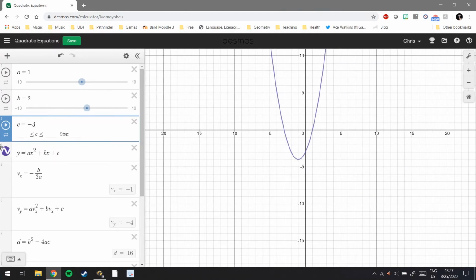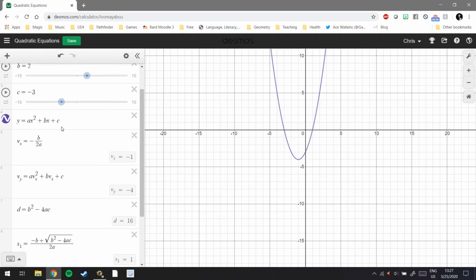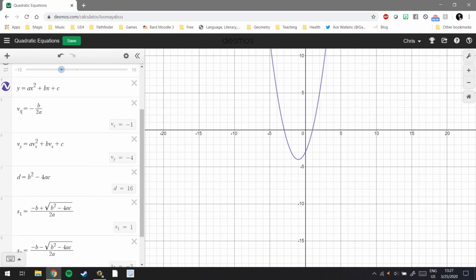Now, this next line, number 4, all this does is actually graph our parabola. And we note, since A is positive, it is a smile. So we're good. Then, I have this Vx. This is our axis of symmetry, since it's negative b over 2a.